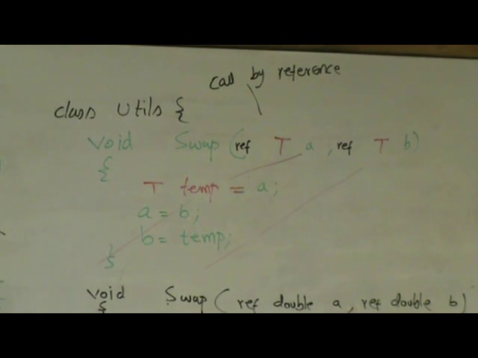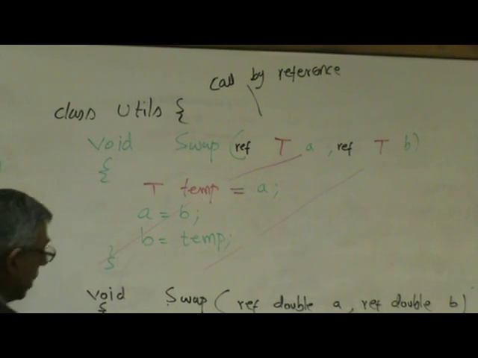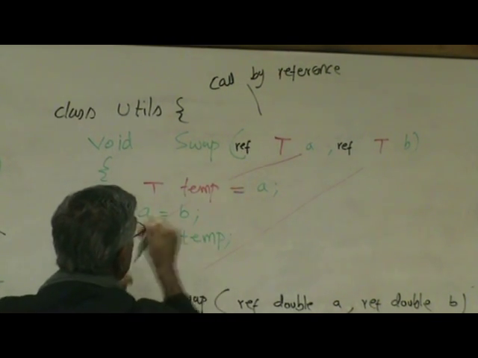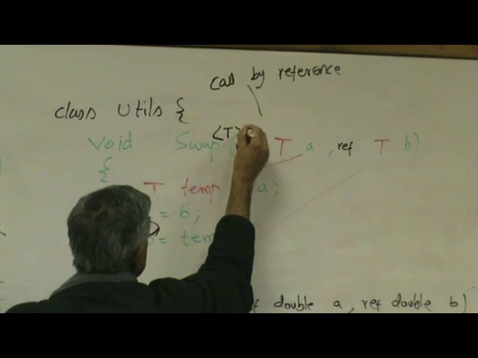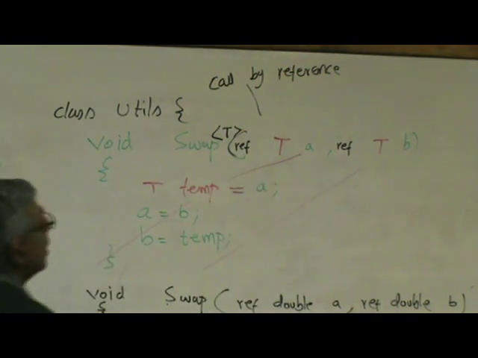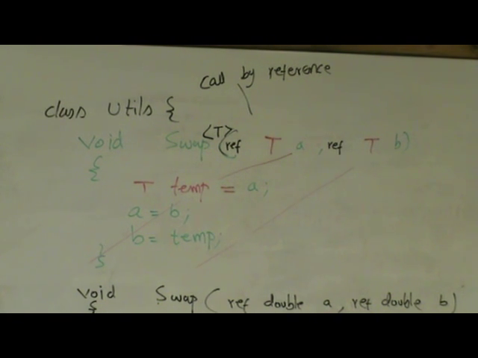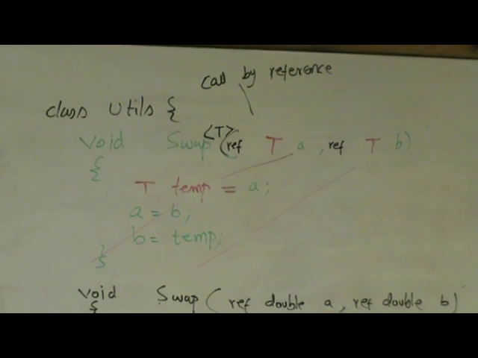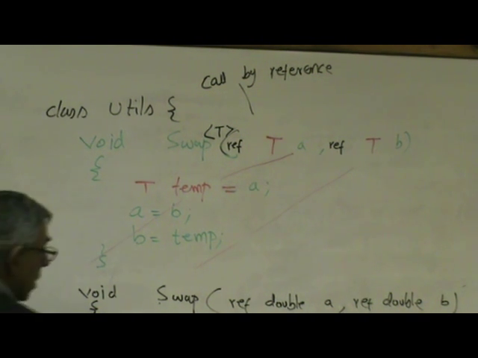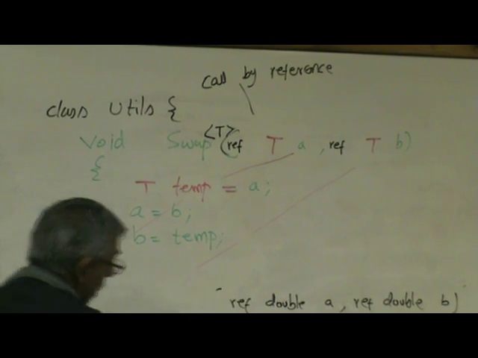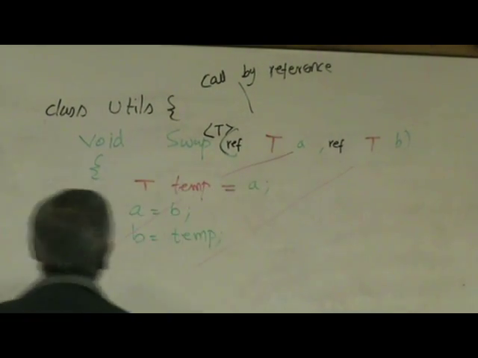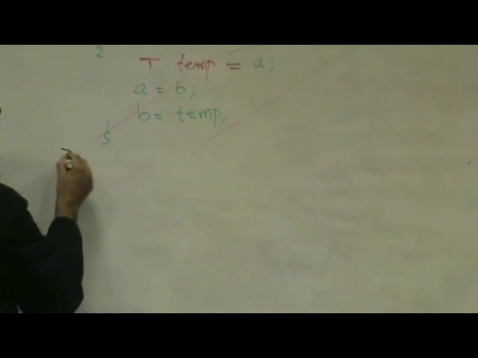Because T is a generic or flexible data type, the other requirement is that after the name of the method, between the less than and greater than signs, you type in T. That means T is a generic type which will be decided by the caller. As soon as you make this function, we don't need the second function. Only one function is needed.